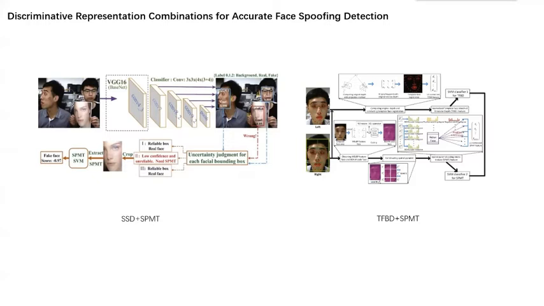The TFBD plus SPMT method requires the use of binocular images, takes binocular depth as a feature, combines SPMT and TFBD, and finally performs score-level fusion.